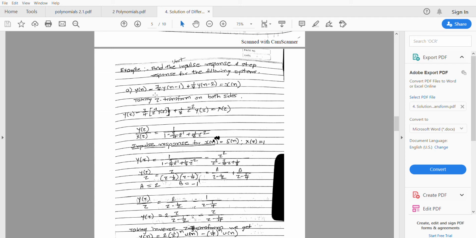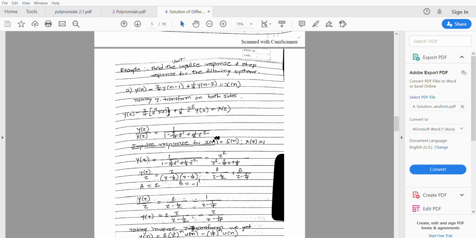Again, take the Z transform on both sides, then find out Y of z upon X of z. First we find the impulse response. In this case, x of n is delta n, and the Z transform of delta n is X of z equal to 1.